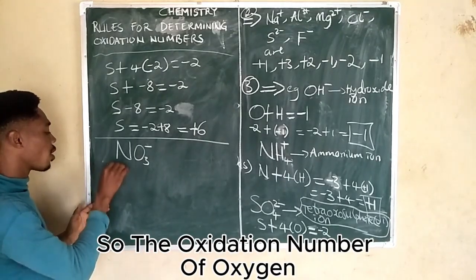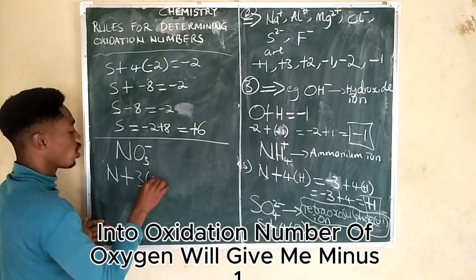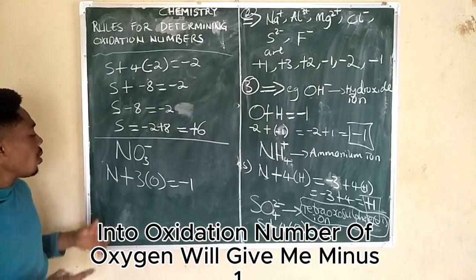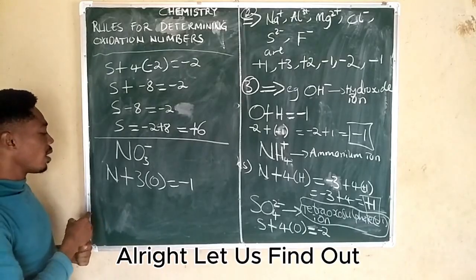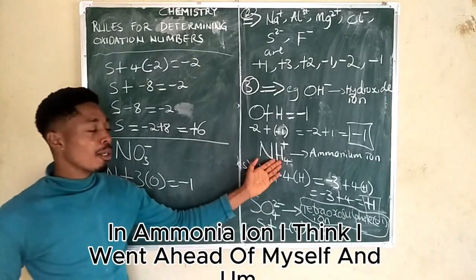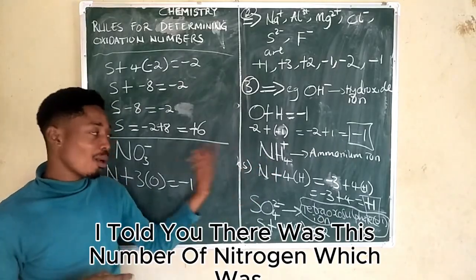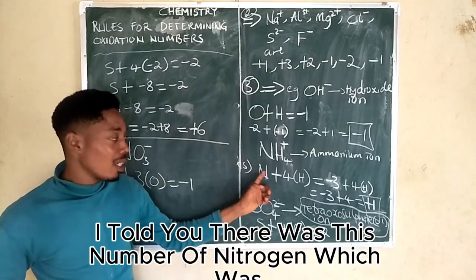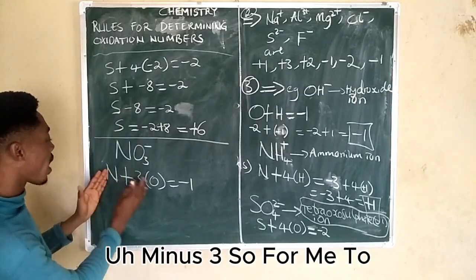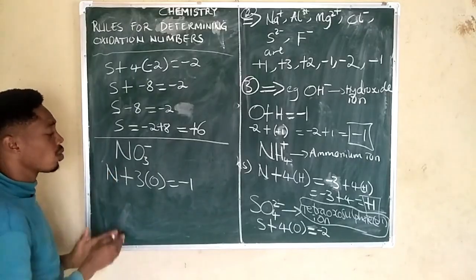So the oxidation number of nitrogen plus 3 into the oxidation number of oxygen will give me minus 1. Let us find out the oxidation number of nitrogen. In the ammonium ion, I think I went ahead of myself and told you the oxidation number of nitrogen, which was minus 3.